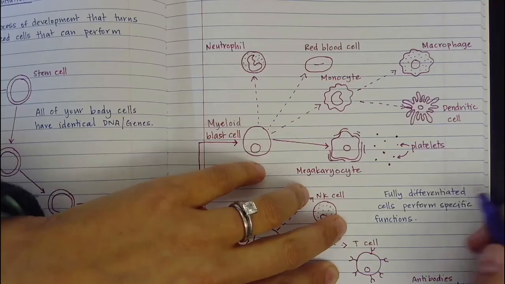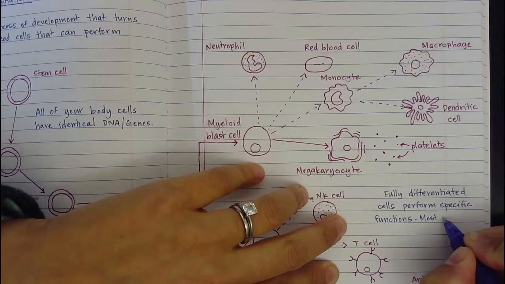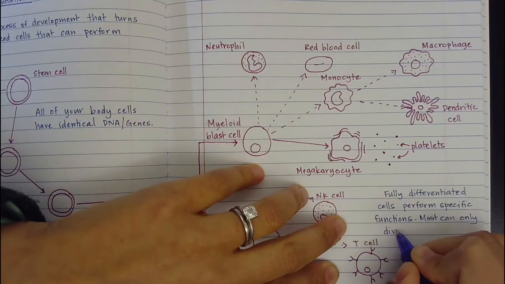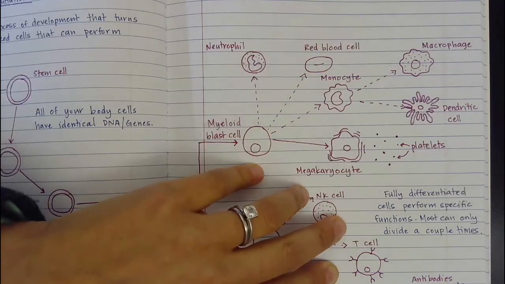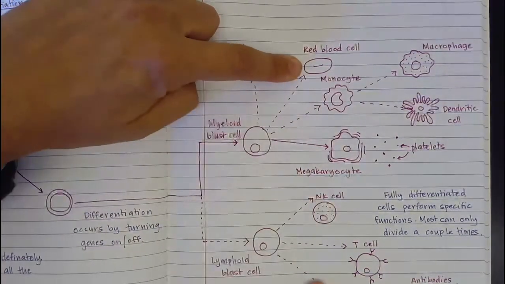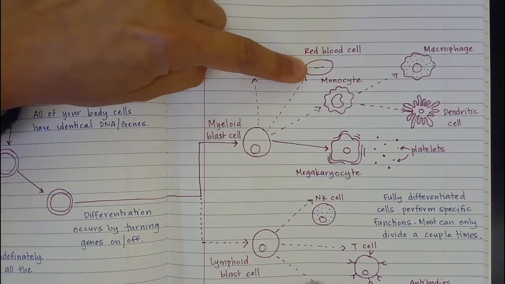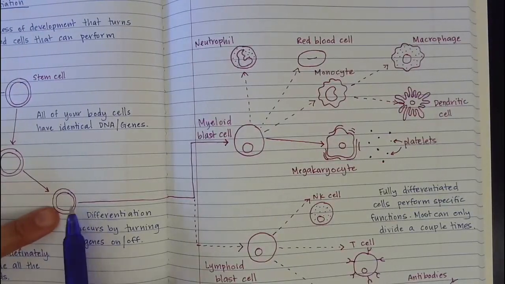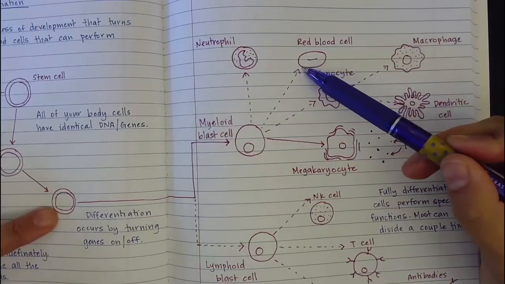The thing is most can only divide a couple of times. And some can't divide at all. So your red blood cells, they can't divide at all. So if you need more red blood cells, you cannot have a red blood cell divide. Instead, you have to have a stem cell go through the process of differentiation to actually make more red blood cells.